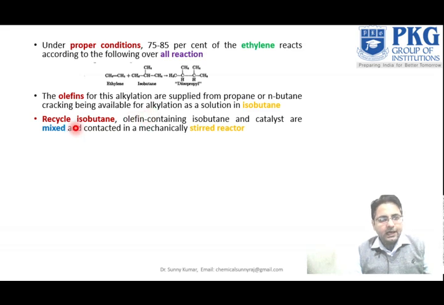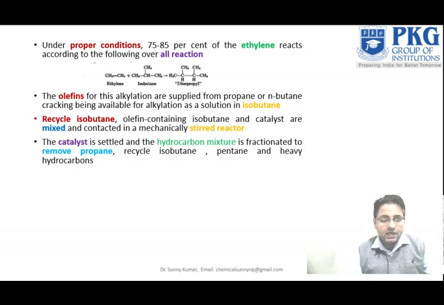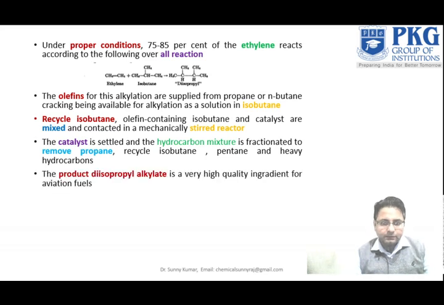So recycled isobutane, olefin-containing isobutane and catalyst are mixed and contacted in a mechanically stirred reactor. The catalyst is settled and the hydrocarbon mixture is fractionated to remove propane and recycle isobutane, pentane and heavy hydrocarbons.